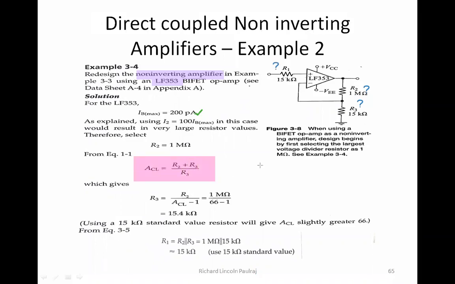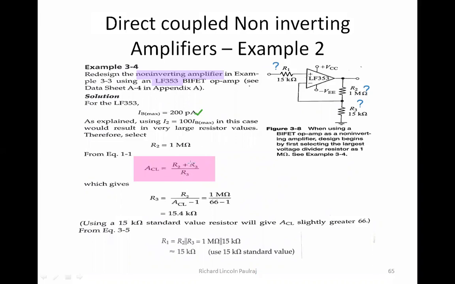ACL is equal to R2 plus R3 divided by R3. We are just remodifying this equation.